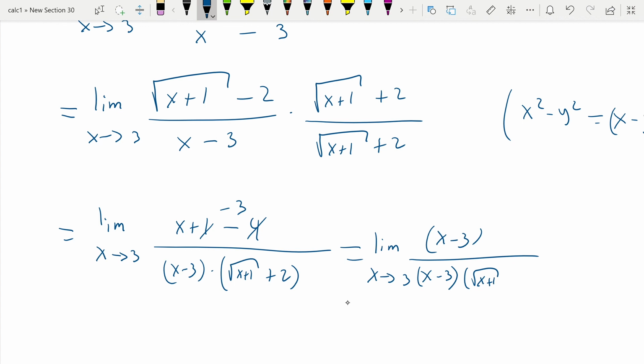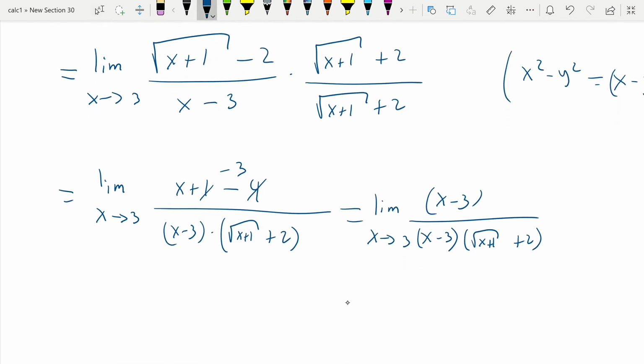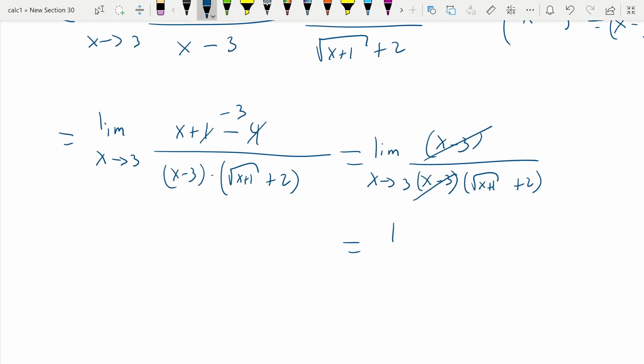So we get, this is the x minus 3 times the square root of x plus 1 plus 2. And again, this is what we just said. X minus 3 is not equal to 0 because we're not allowing x to become 3. So we can cancel these two factors out, and we get the limit when x approaches 3 of 1 over the square root of x plus 1 plus 2.